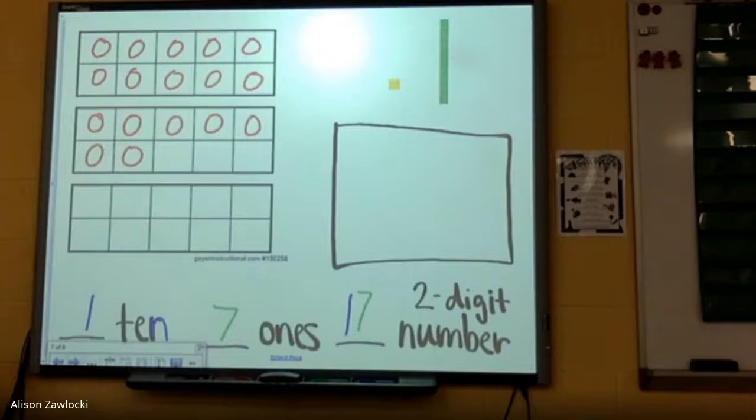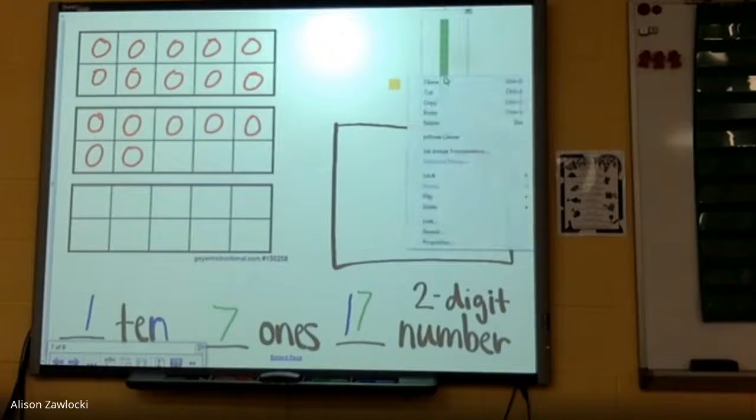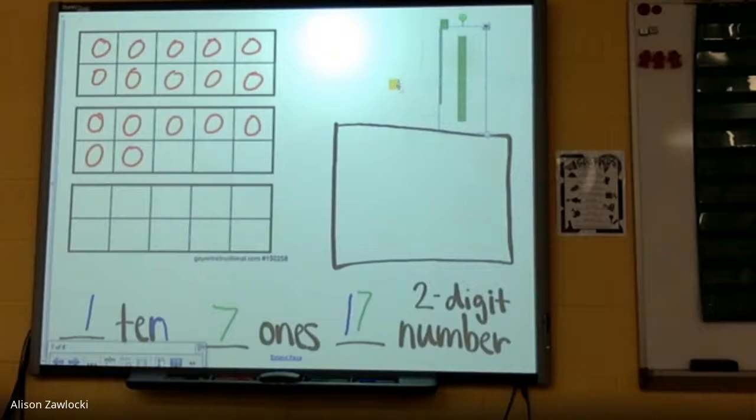I'd like you to go ahead and pause the video and make the number with your tens blocks. All right, welcome back to the video. Feel free to pause if you need more time. How many tens and ones do we need? Let's do it together. We need 1 ten and 7 ones. 1, 2, 3, 4, 5, 6, 7.